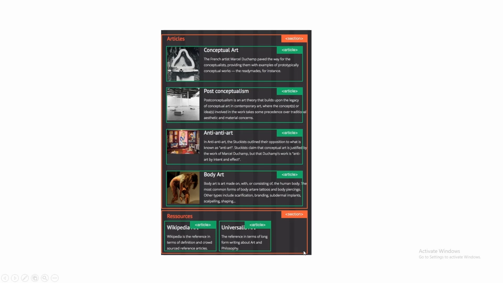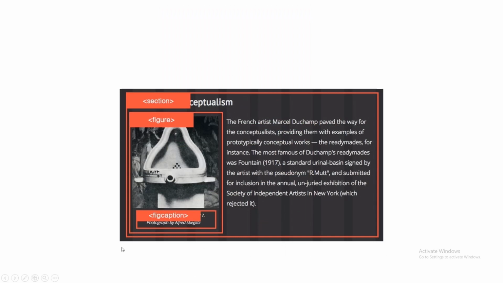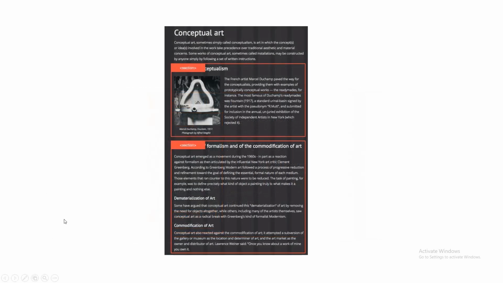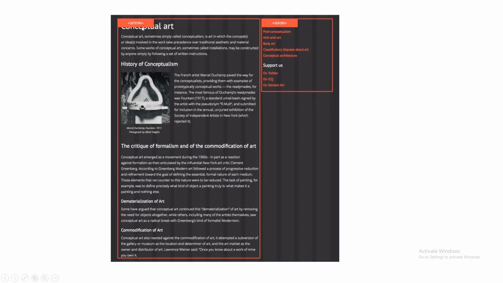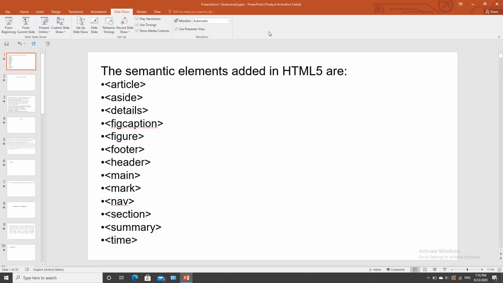This is a big section, one section, figcaption, and next again section, again aside here, section, article here, aside here. These are examples of semantic elements.